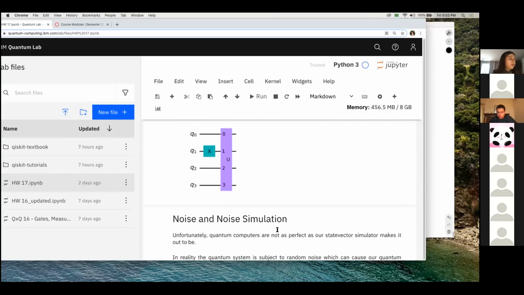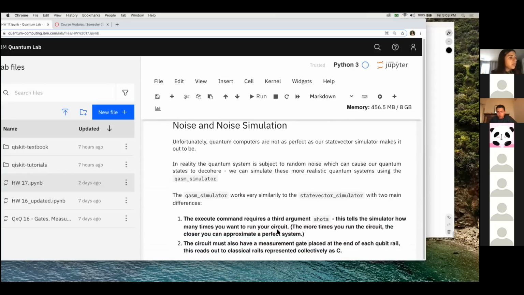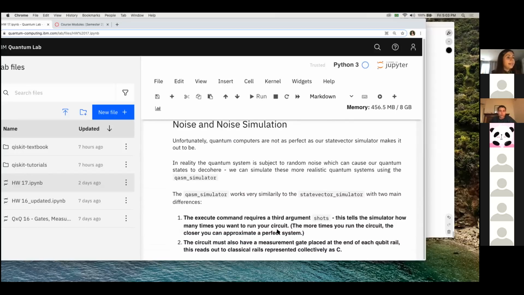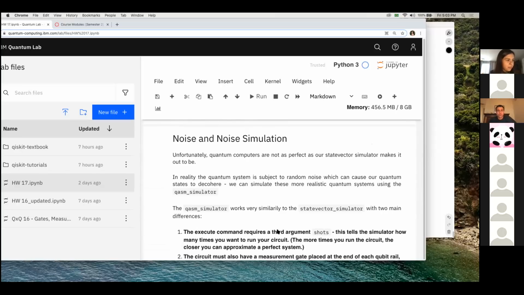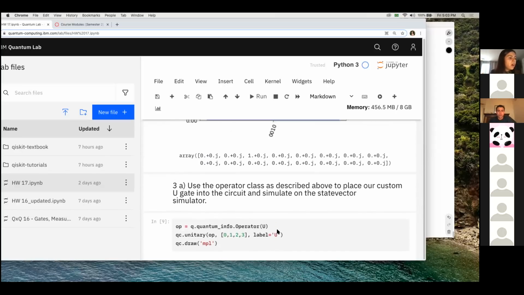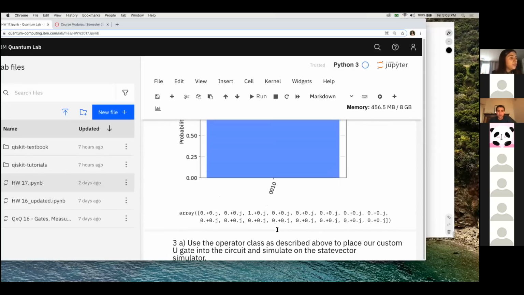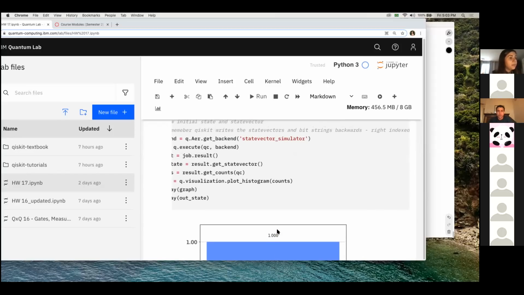So before doing the next step, we're just going to introduce the QxQ simulator, because so far we used the state vector simulator. And the state vector simulator just shows black and white what you expect to see. It's just like, that's how quantum physics works and that's how it should be.